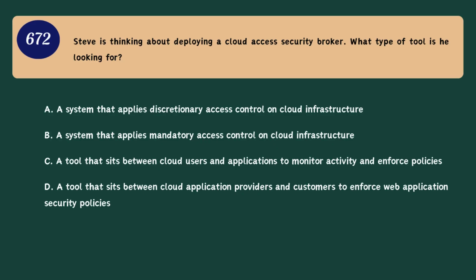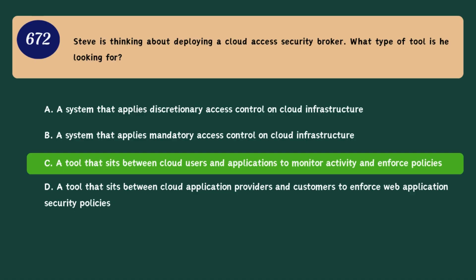C. A tool that sits between cloud users and applications to monitor activity and enforce policies. D. A tool that sits between cloud application providers and customers to enforce web application security policies. Correct answer. C. A tool that sits between cloud users and applications to monitor activity and enforce policies.